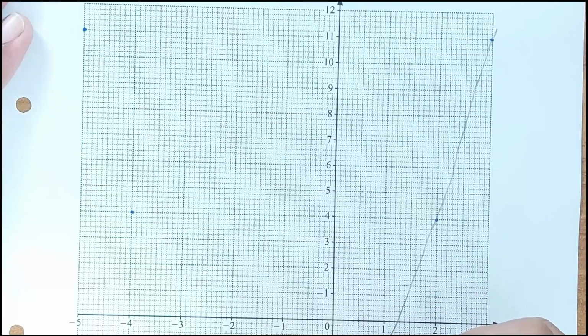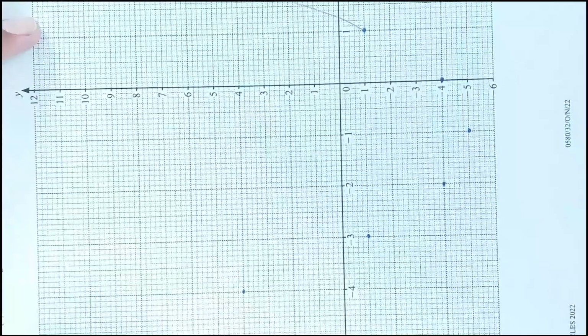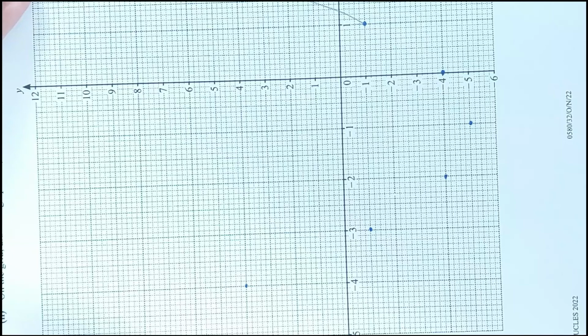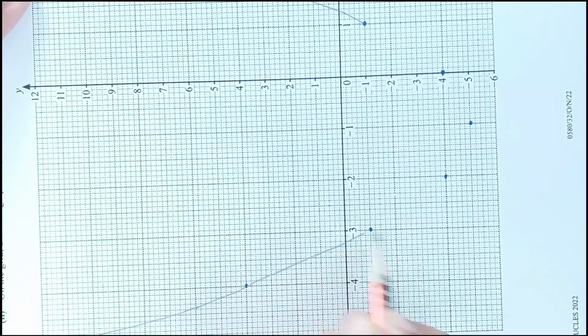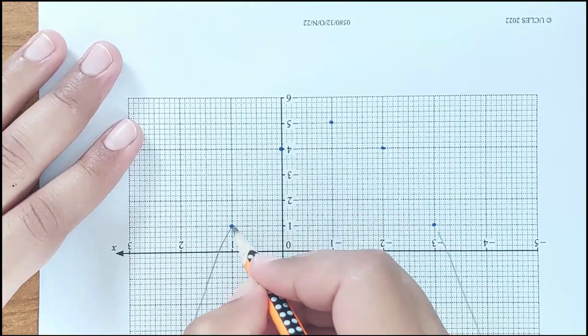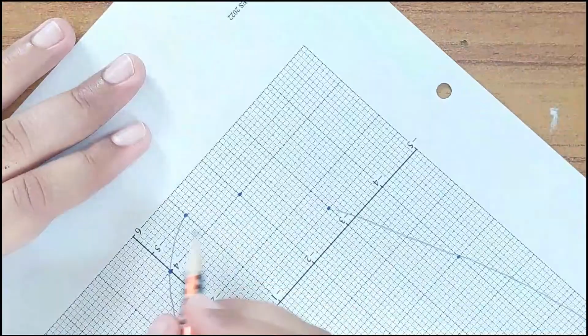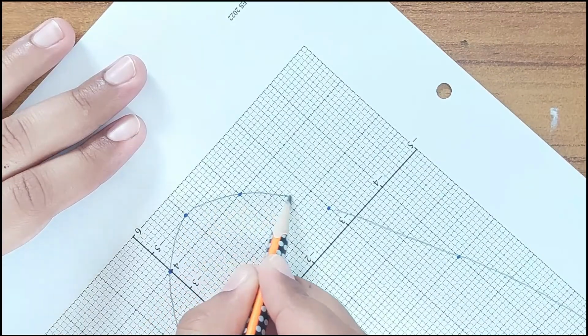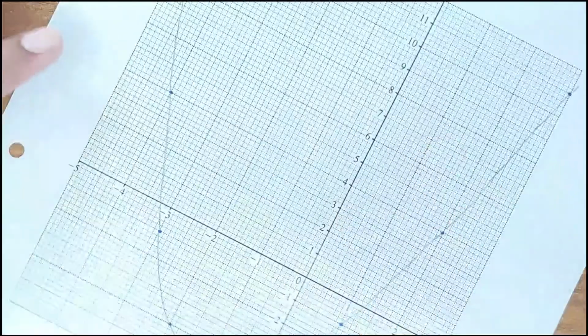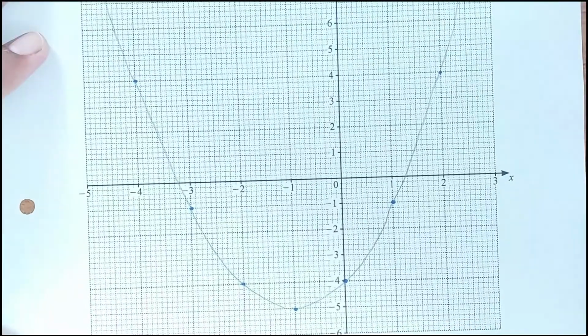It's a parabola. Make sure your curve passes through each and every point. Okay, so this is the shape of the curve.